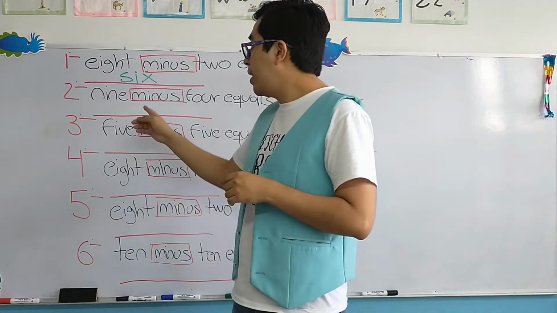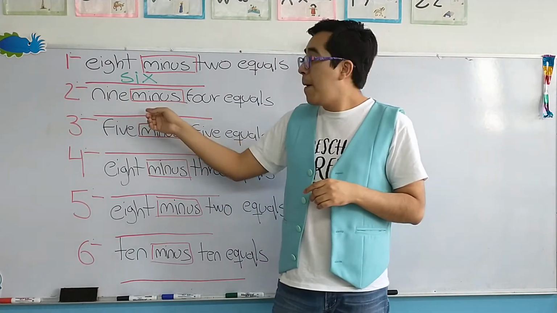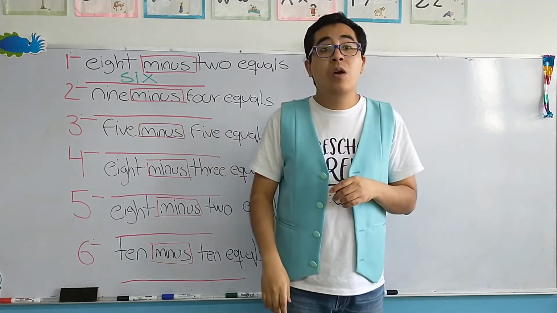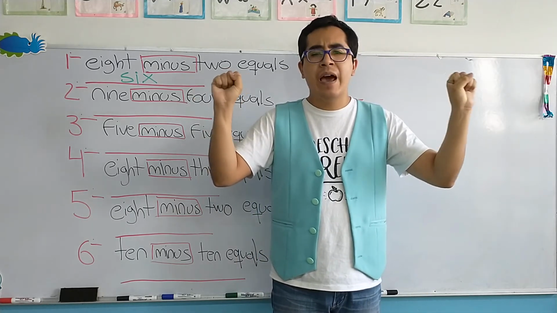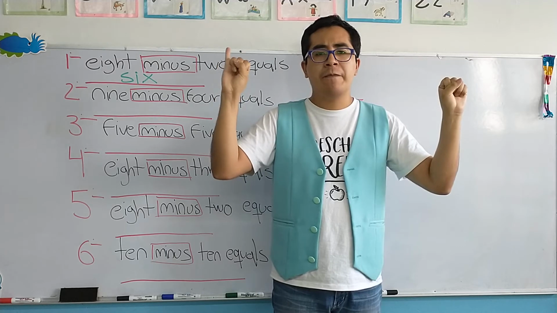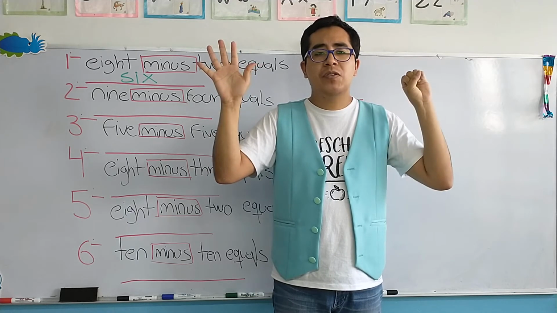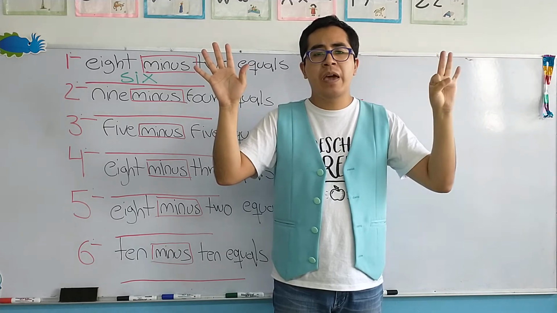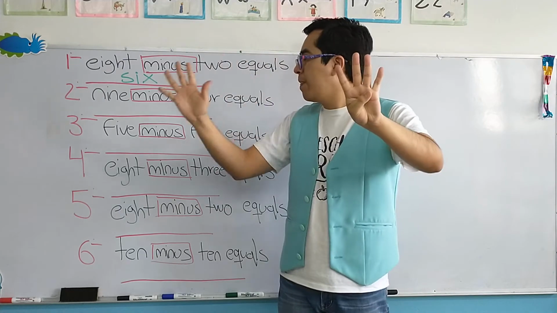The second subtraction, it says 9 minus 4. Once again, using both of our hands, 9 fingers. 1, 2, 3, 4, 5, 6, 7, 8, 9. We have 9 fingers.